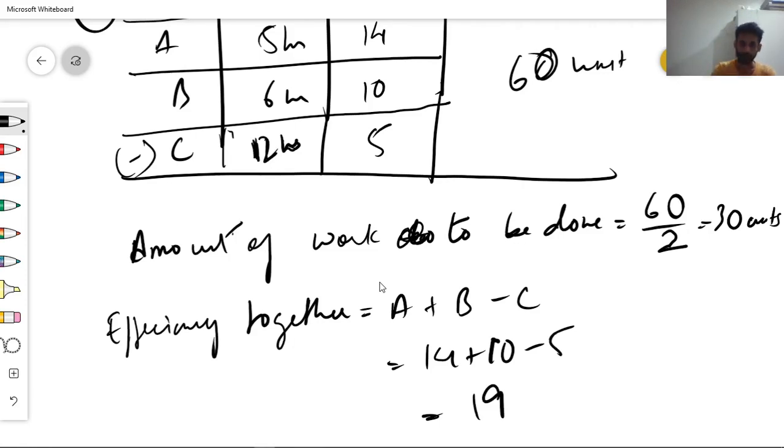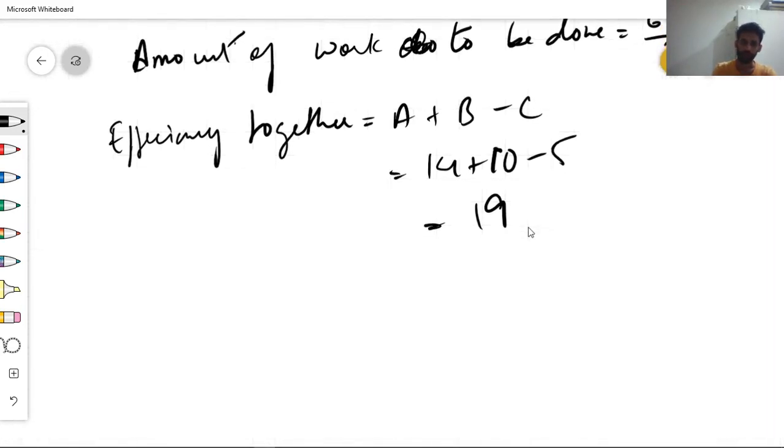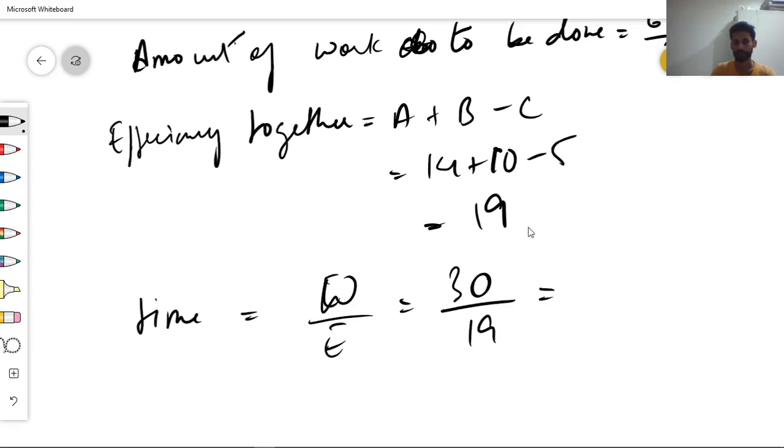Okay, so now time taken will be work by efficiency. Work is 30 and efficiency is 19, so this is the answer, hours.